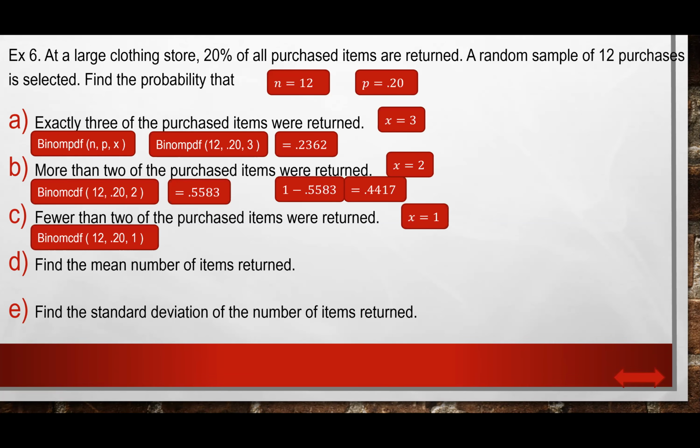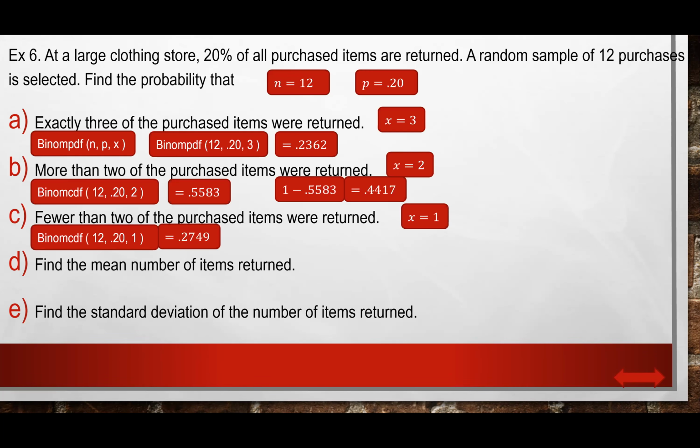If not, you can do the individual PDF of the 0 and PDF of the 1 and add them together. But with the CDF, you tell the calculator to calculate the probability of 0 items returned or 1 item returned. Why don't I do 2 items returned? Because 2 is not fewer than 2.